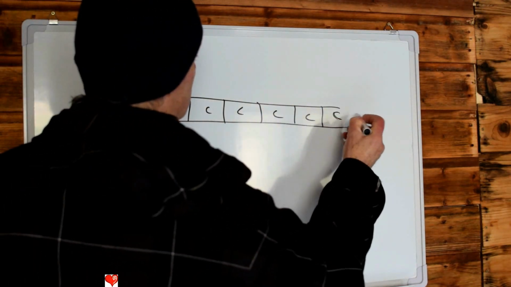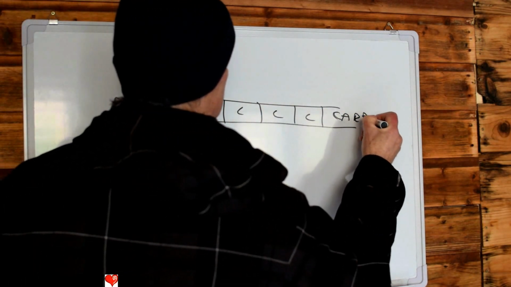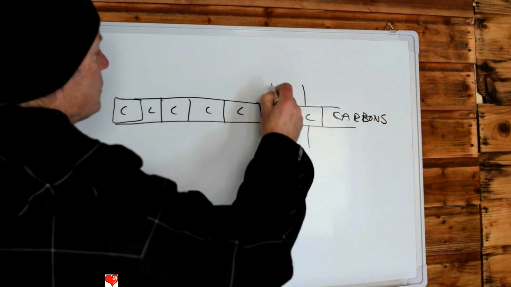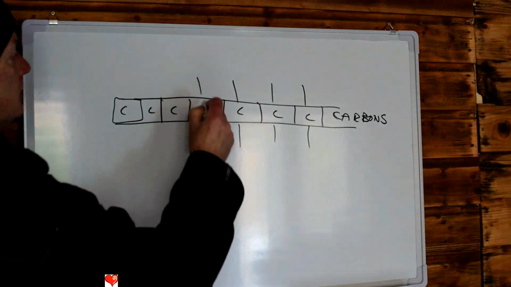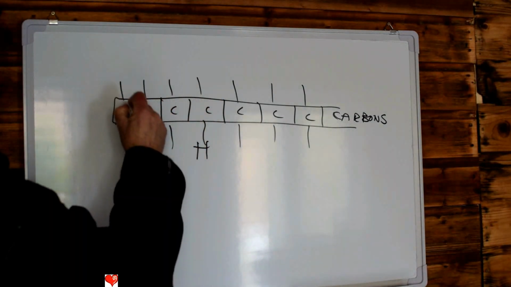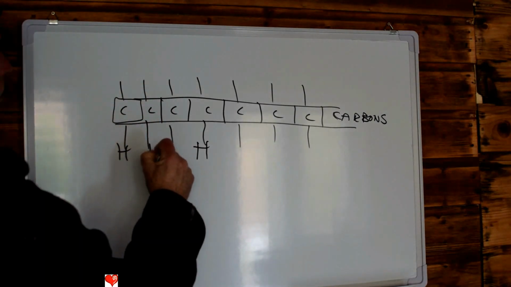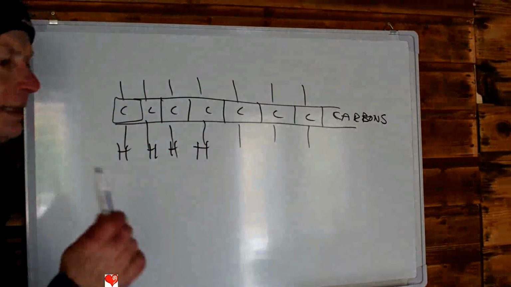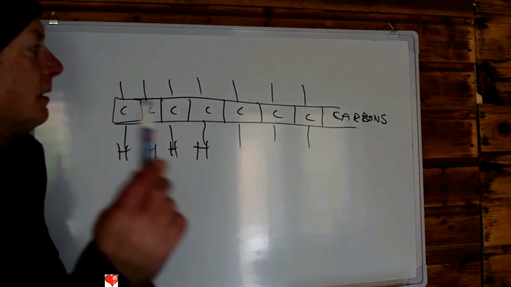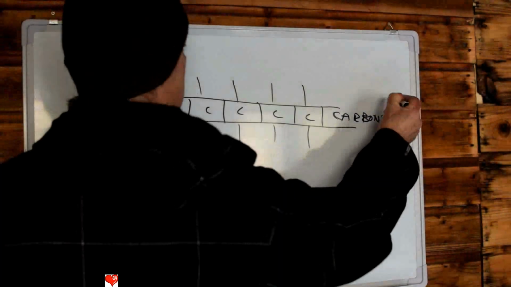They're all carbons. Either side, attached to them, are hydrogens. All the way along, hydrogen. Fat is comprised of hydrogen, carbon and oxygen on the one end.